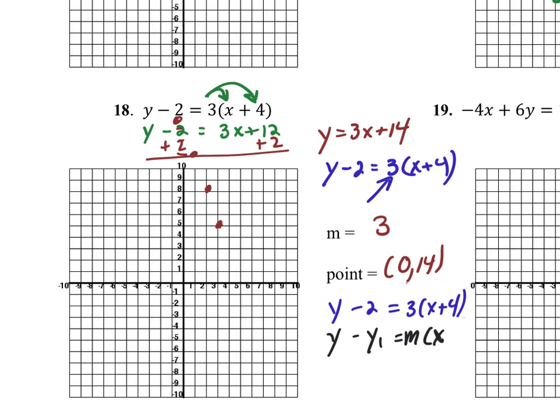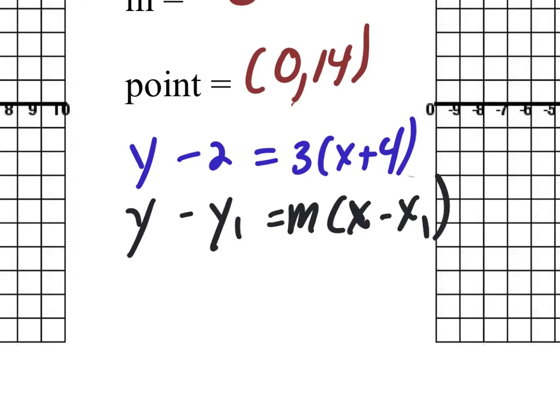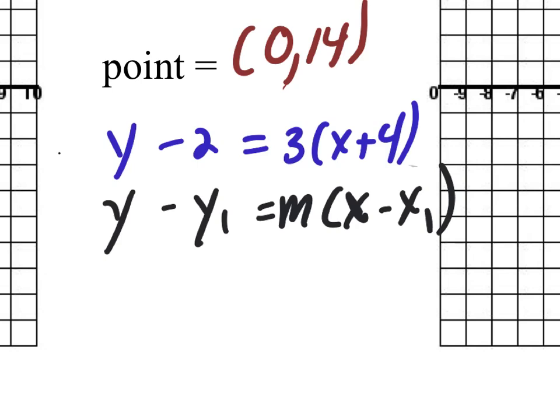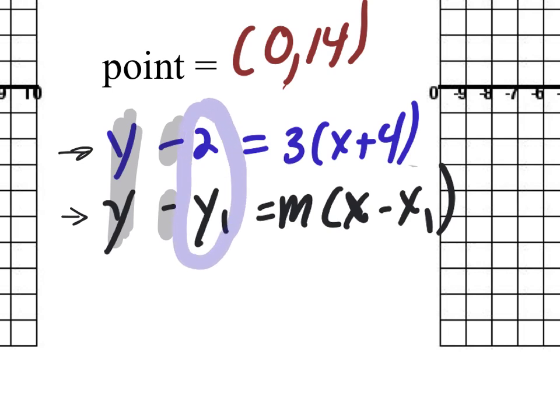So we're just comparing it to our point slope form, or X1, I guess. If we were to compare the equation they gave us to our point slope form, we can start to tell a point that it goes through. We can see y is y, negative is negative, but we can tell right here, therefore, that y1 had to be a 2. So that must have been the y value of the point that it goes through.